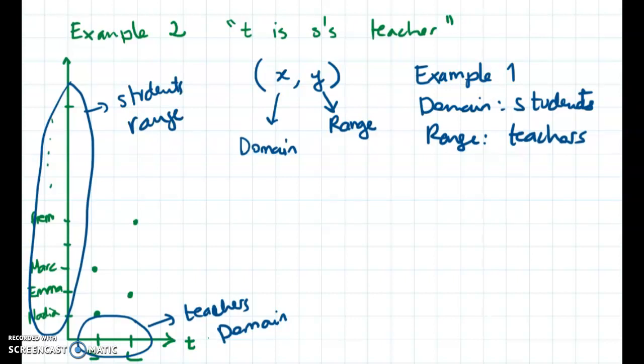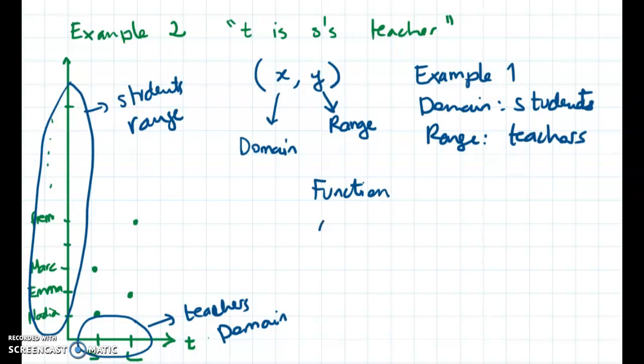So we want to define a special type of relation that we call a function. And what is special about this relation is that we cannot have two pairs that are different but the first member is the same.